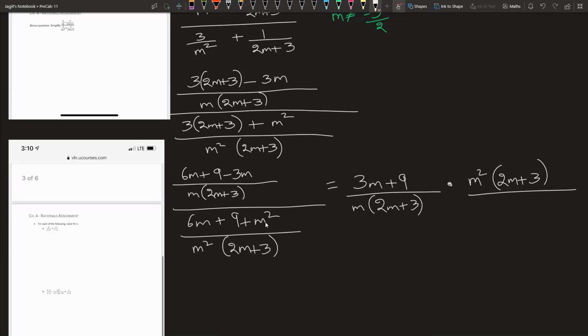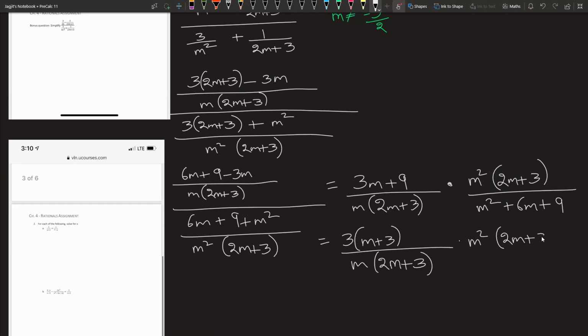And then this term is going to come to the bottom. So we have m squared plus 6m plus 9. So clearly we can factor a few more things here. We can factor the 3 here, and that will become m plus 3. And this is m times 2m plus 3 multiplied by m squared times 2m plus 3.